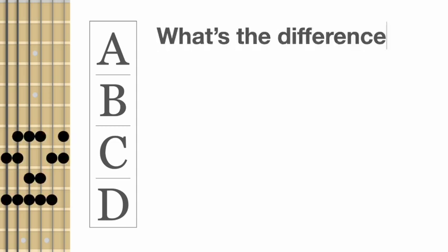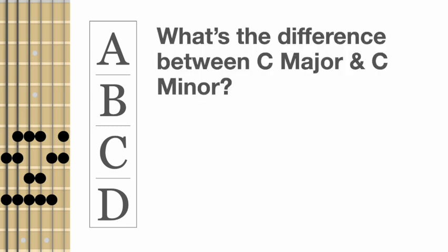And here we asked ourselves, what's the difference between C major and C minor? Now, this is a much better question when you're first starting off to learn modes. Again, when you understand them and you've got them down pat, then this is a perfectly valid question. But as you're learning them, this is maybe not the best question to be asking yourself because you're really starting to intermingle different sounds in there.